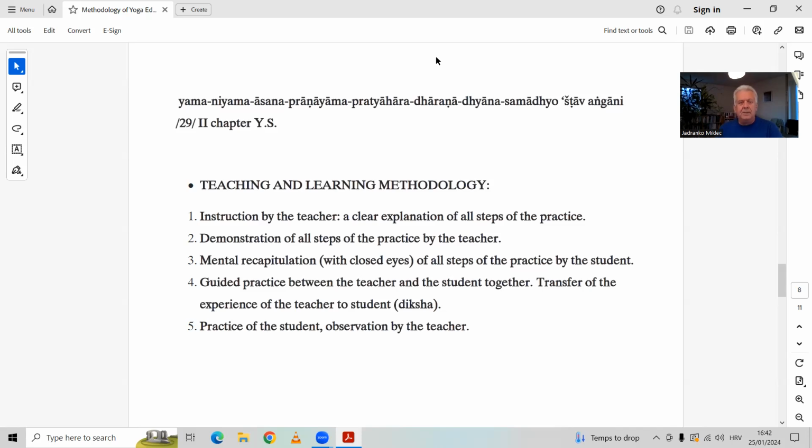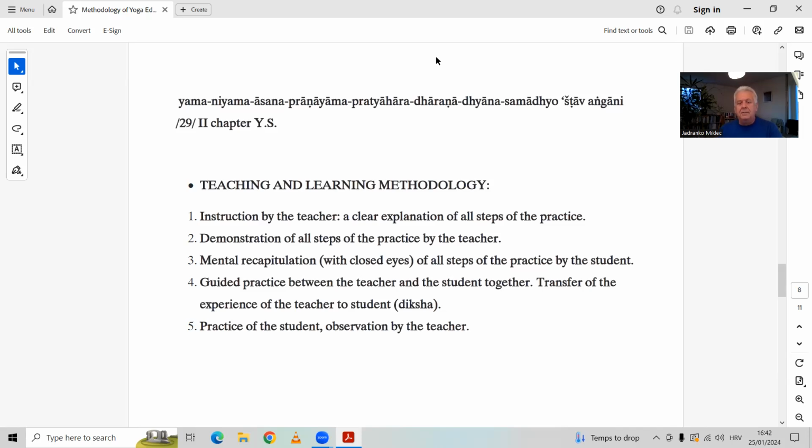When the student understands this instruction and explanation, the teacher does a demonstration in front of the student of that practice, just silently, and the student silently observes. Without any speaking, the teacher just makes a demonstration.